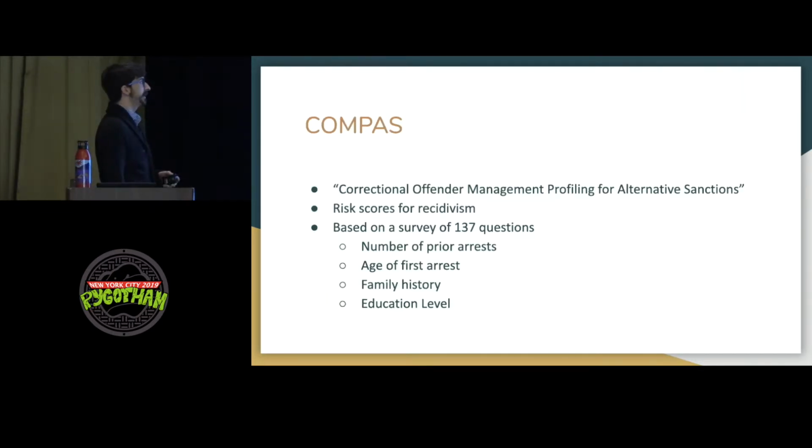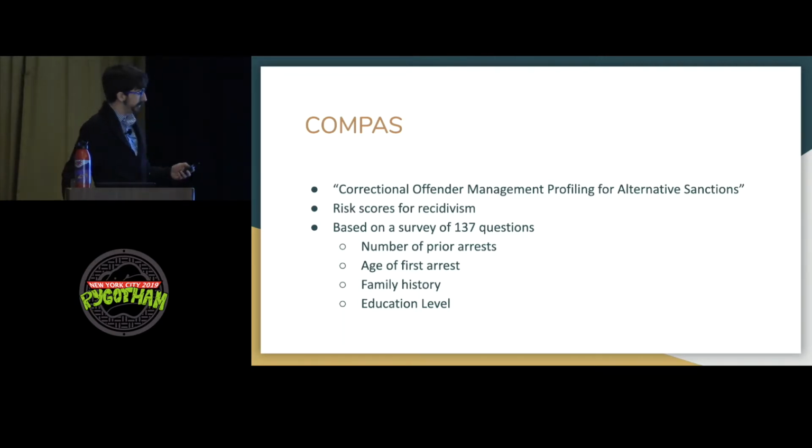This is a particularly notorious example that is out in the wild already. This is a tool for generating risk scores for imprisoned individuals in order to make decisions about sentencing. It is called COMPAS, the Correctional Offender Management Profiling for Alternative Sanctions.